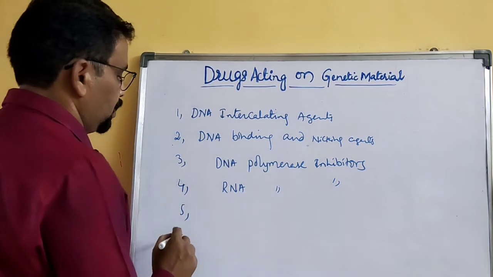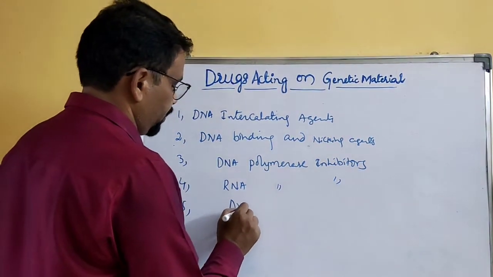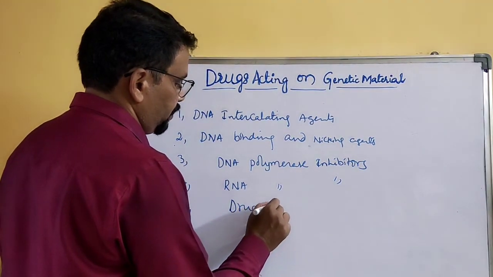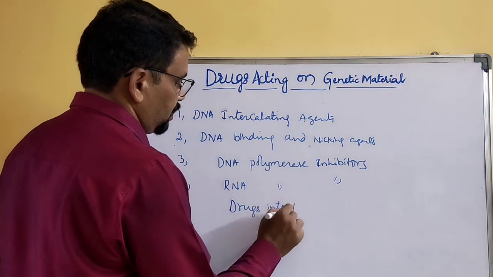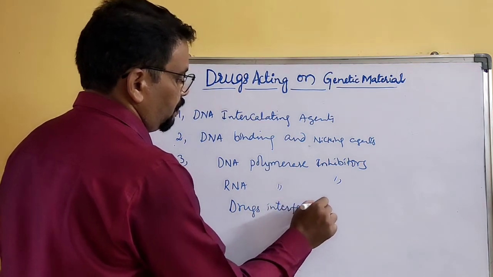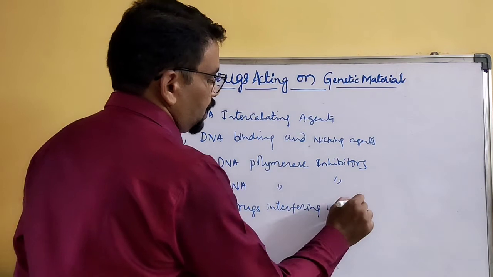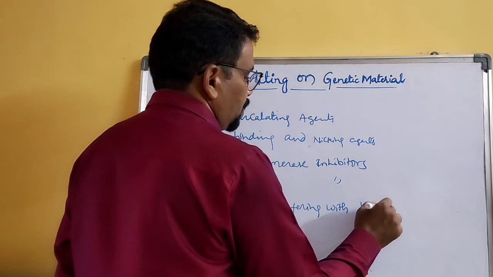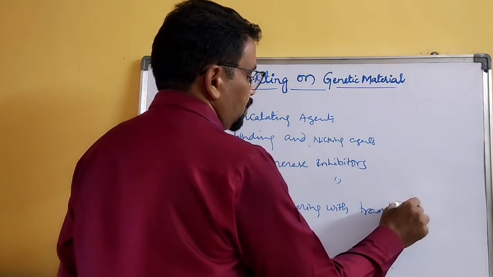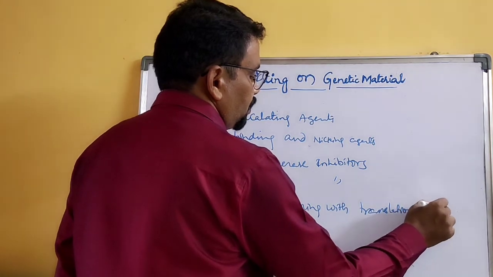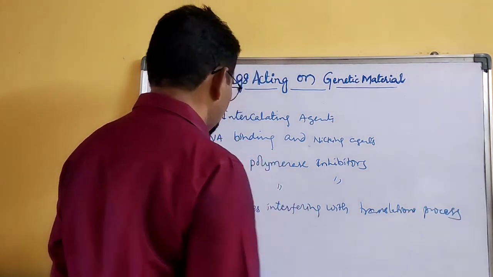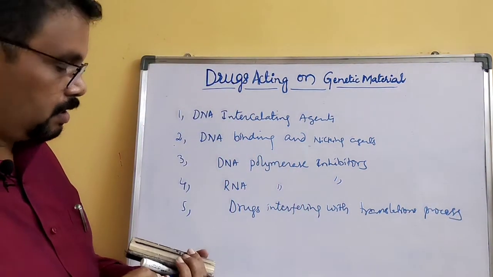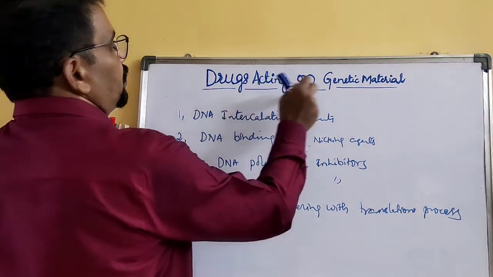Fifth one is drugs interfering with translation processes. Okay, so these are the 5 kinds of drugs which are acting on genetic material.